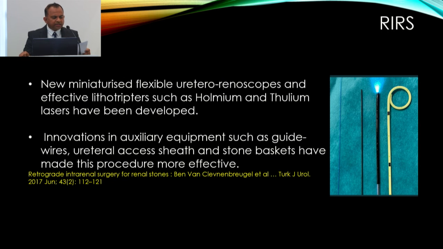New miniaturized flexible ureterorenoscopes as small as a double J stent and effective holmium and thulium lasers have revolutionized RIRS application in treating kidney stones. Innovations in auxiliary equipment for easy access and stone retrieval have made RIRS more effective.